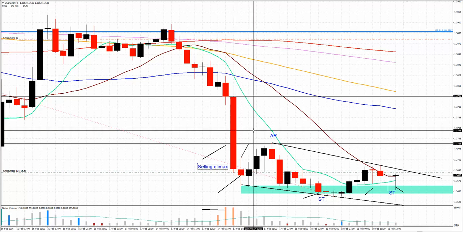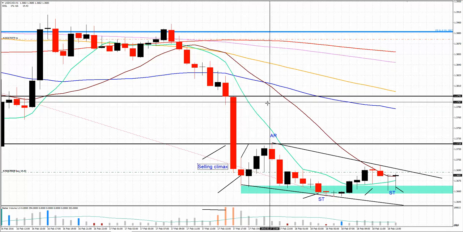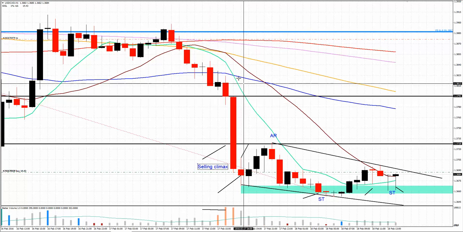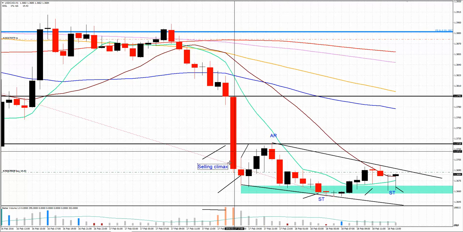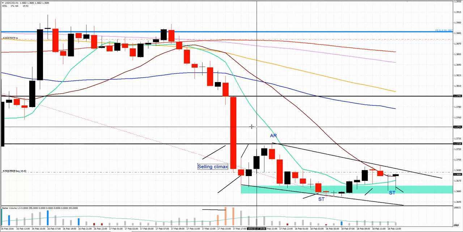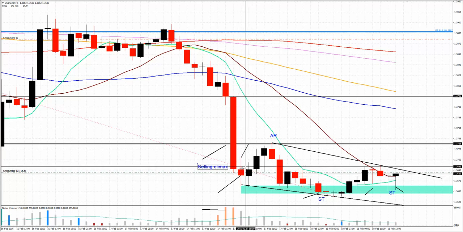You have something massive and every professional is scaling out. Sellers from this stage or this stage, they scale out here, they just book the profit, and the result is this very weak next hour.